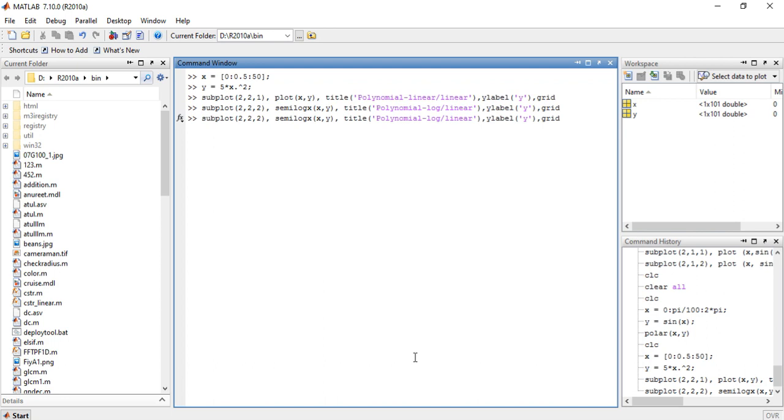Next is our third plot, which is semilog y, which generates a plot of values of x and y using linear scale for the x-axis and logarithmic scale for the y-axis. So I'm writing here semilogy x comma y and change the title from polynomial linear and log because the y-axis has a logarithmic scale.